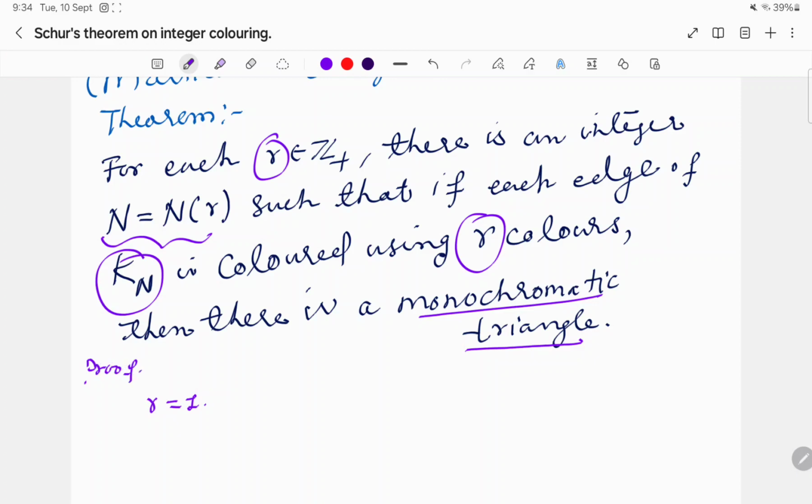If there is only one color available, then what is the complete graph? If you color, you get a triangle. Trivially, it is a triangle itself. If you are only having one color, to get a triangle, you must color all the triangle with the same color, right? So for K3 there is only one color, then definitely you will get a monochromatic triangle.